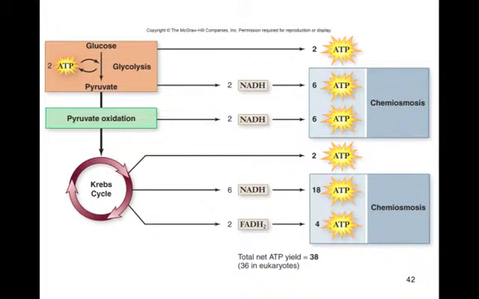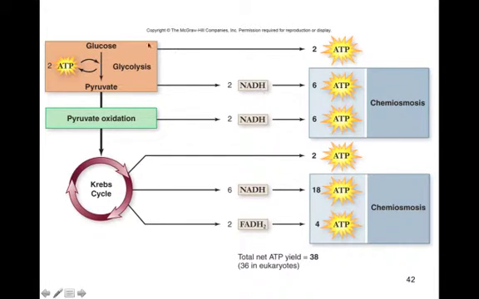This figure is a wonderful summary figure to help you understand where all of the different ATP comes from. One thing that's important to notice is that very little ATP is generated in glycolysis, pyruvate oxidation, and the Krebs cycle. The majority of the ATP is generated by chemiosmosis after the electron transport chain.